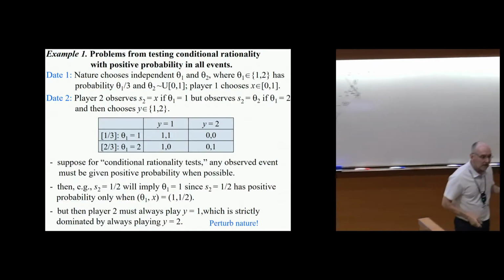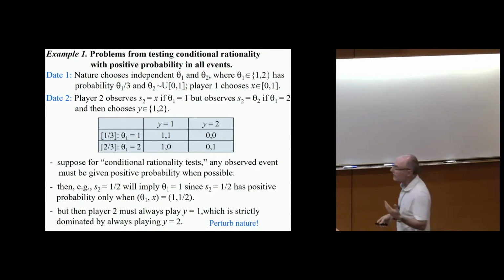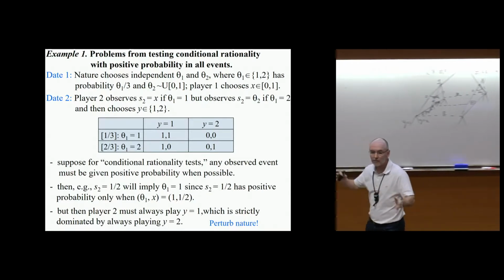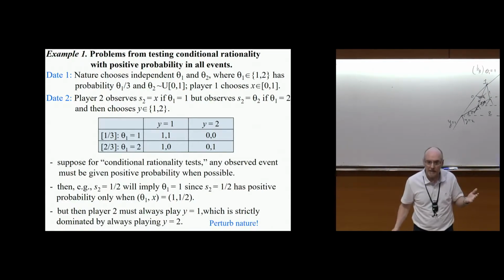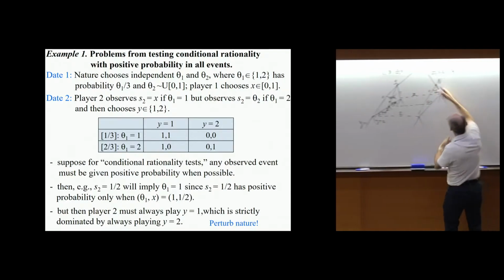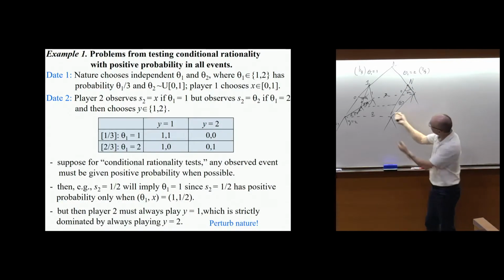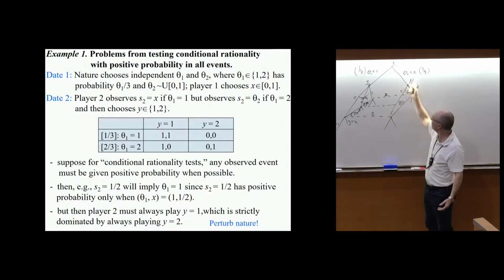I want to emphasize, we use the word perturb, and we often also talk about trembling hand perfection and mistake probability. Nature doesn't make mistakes. So if we were to perturb nature's strategy to give some mass on a half, that's just capturing the idea that player 2, when she sees a half, says, it could be that 1 did this and that, and it could be that nature did this and this.